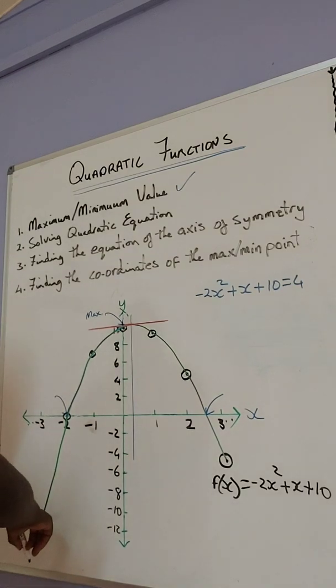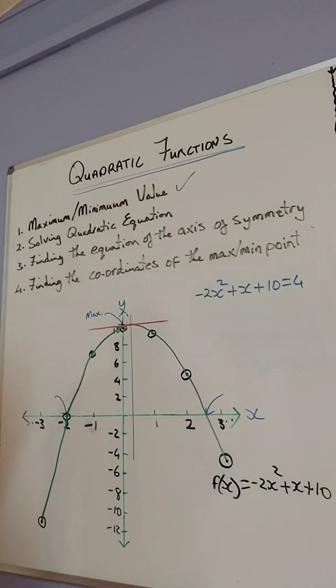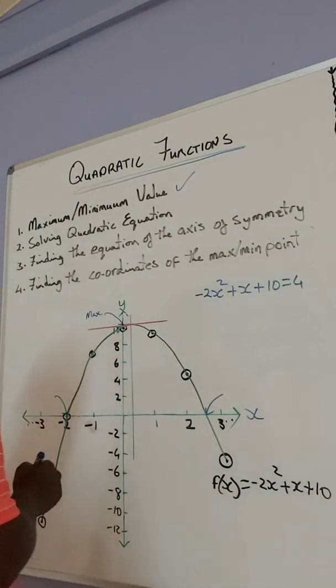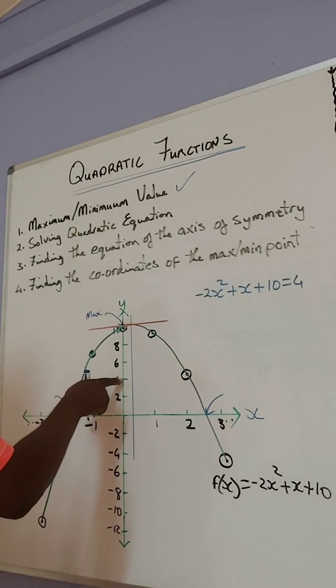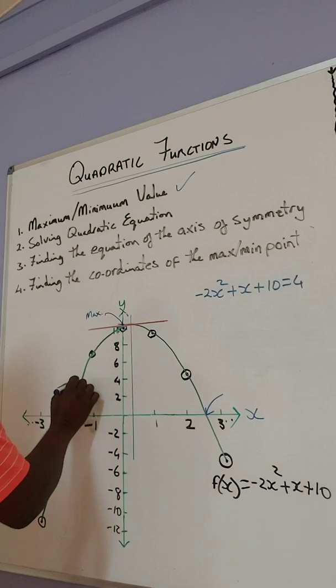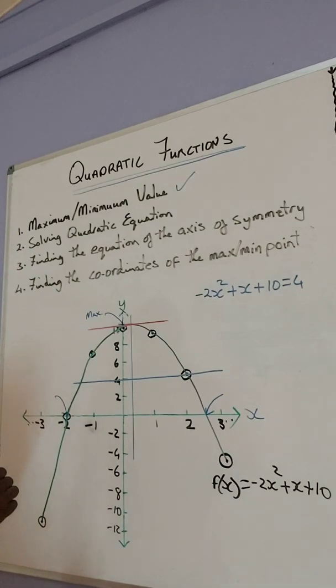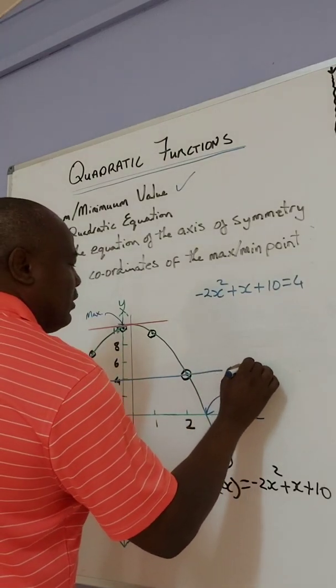Minus 2x squared plus x plus 10 is this function here. The next thing we need to do is to draw the function y is equal to 4. That is a horizontal straight line passing through the point y is equal to 4. So it should look like this. This may not be accurate, however, this gives you an idea as to what should be done. And this will be the function y is equal to 4.